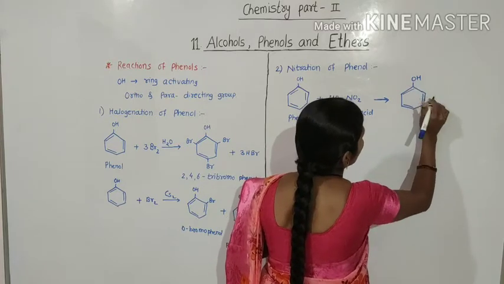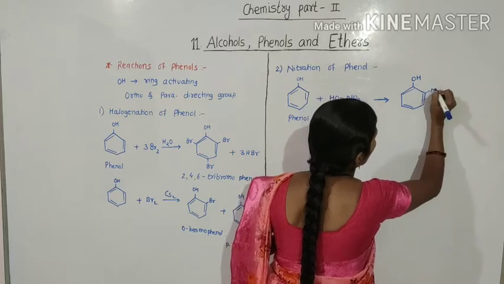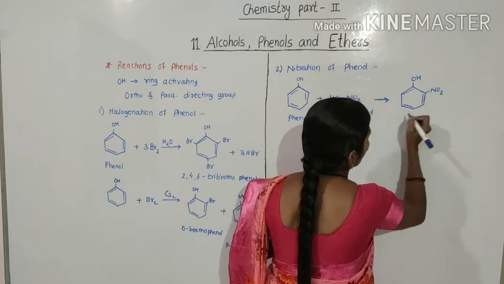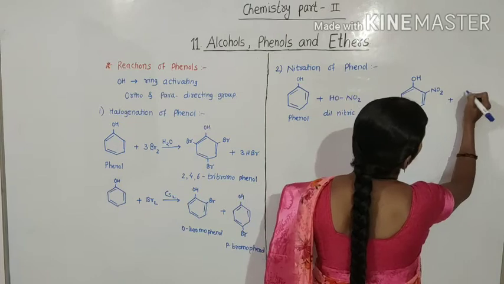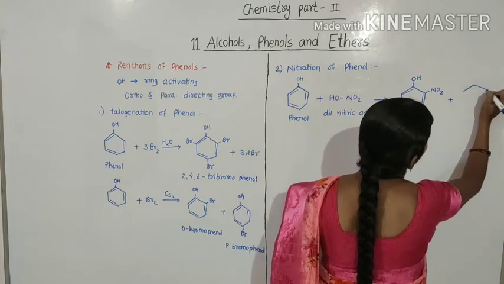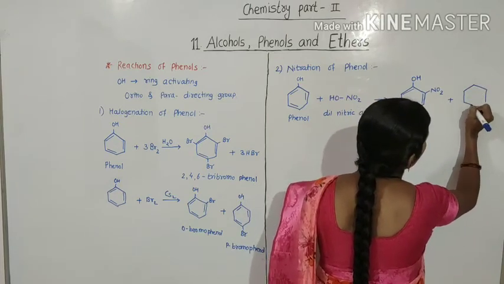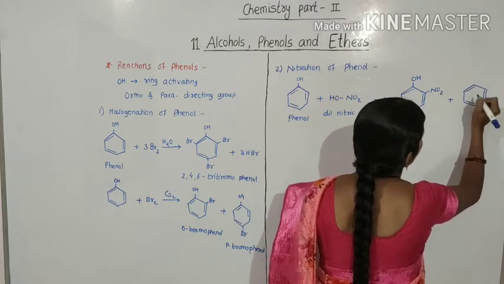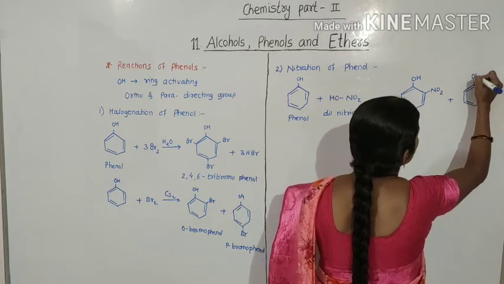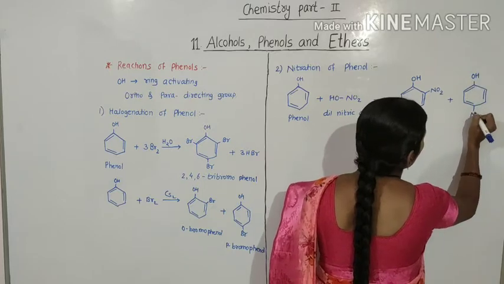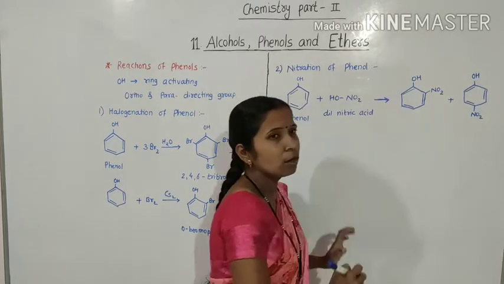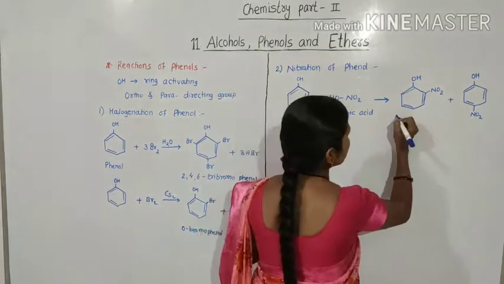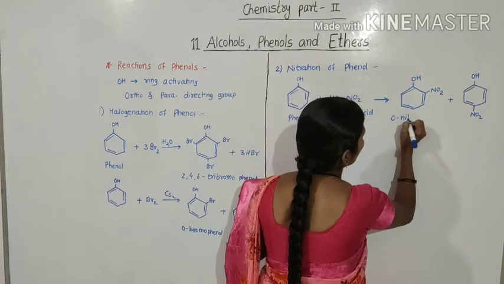So this is orthonitrophenol plus this is paranitrophenol. The nitro group is attached to ortho and para position.